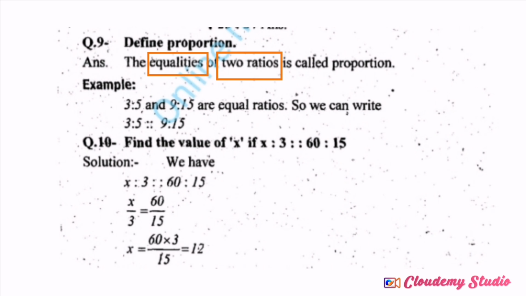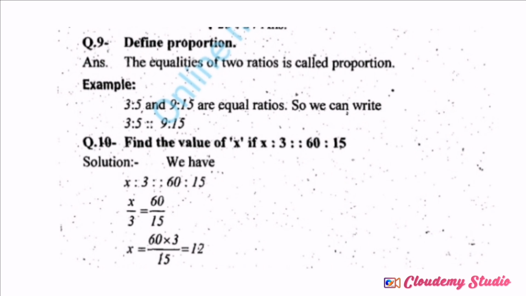Example: 3 ratio 5 and 9 ratio 15 are equal ratios. So we can write 3 ratio 5 is equal to 9 ratio 15.